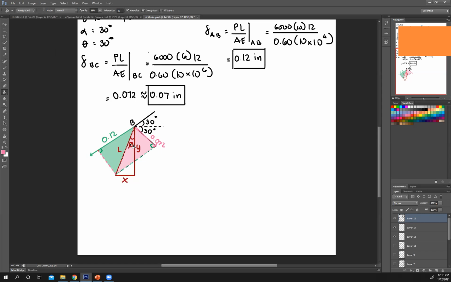Let's call this angle beta, again up to you how you want to call this, and lastly let's call this alpha. So those are your angles.